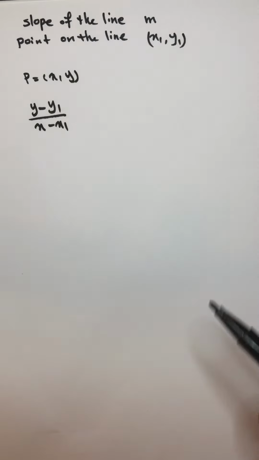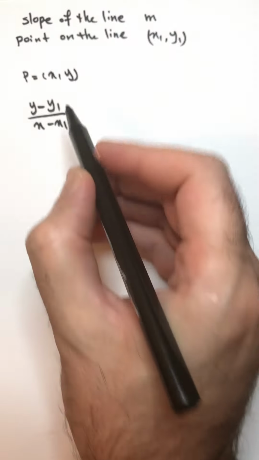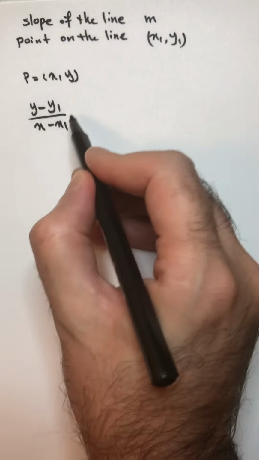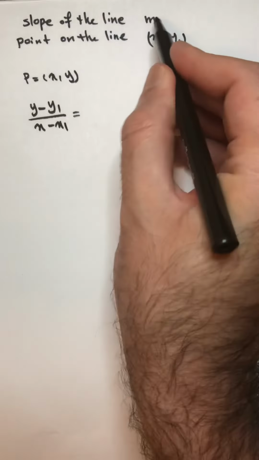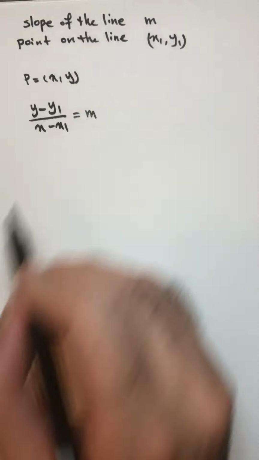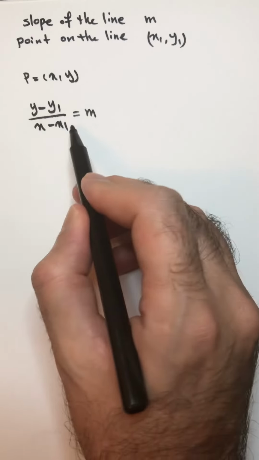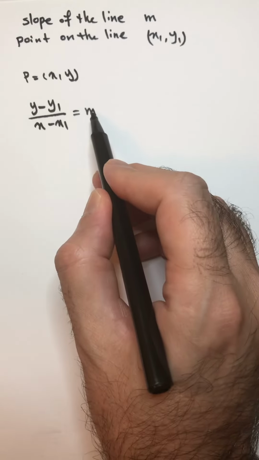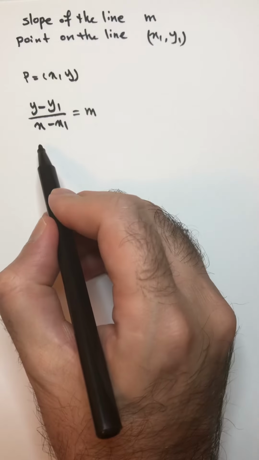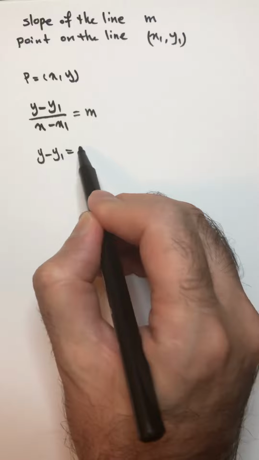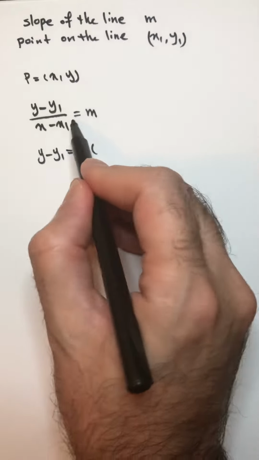And since the slope of a straight line is fixed, we can equate this slope that we calculated to the given slope. Then we can rewrite this equation by multiplying this part by m. So we can write y minus y1 equals m(x minus x1).